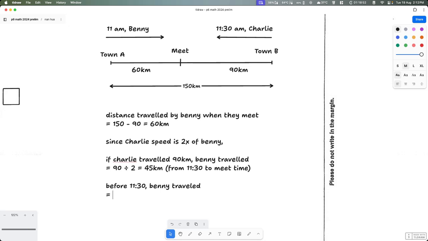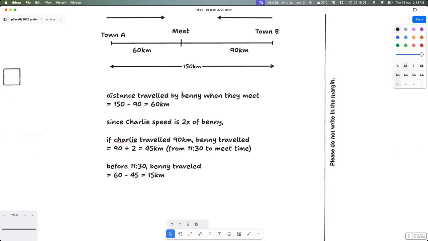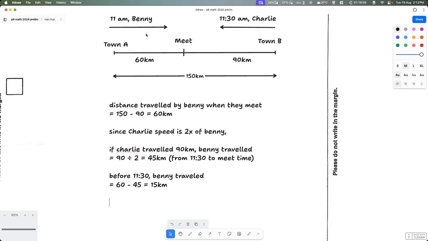So that means it's 60. So he traveled 60 minus 45, which is 15 kilometers. That's what you see over here. So now we know that before 11:30, Benny traveled 15 kilometers. Okay, so that means we know that Benny only traveled 30 minutes.